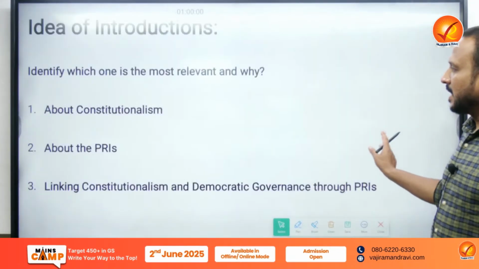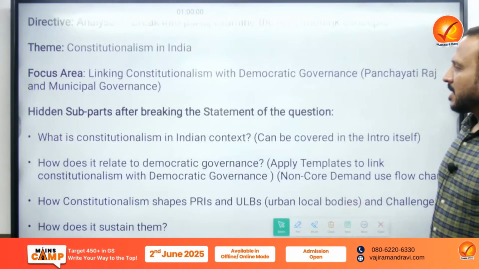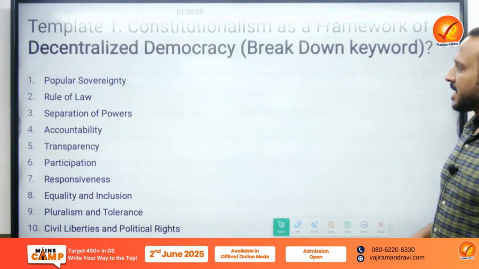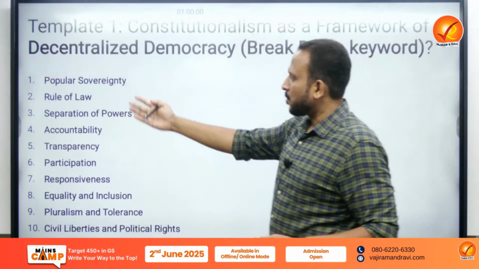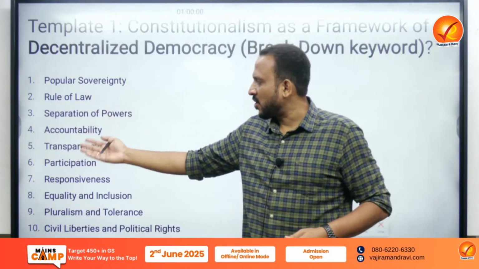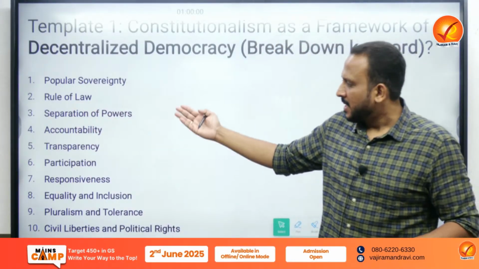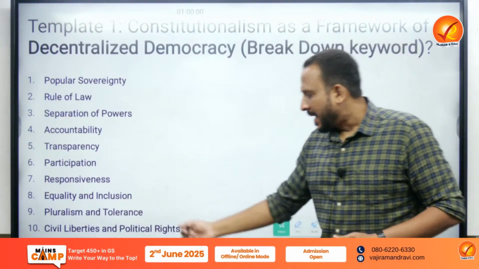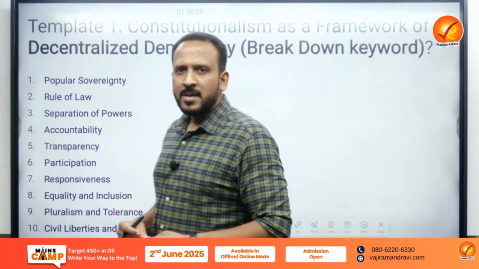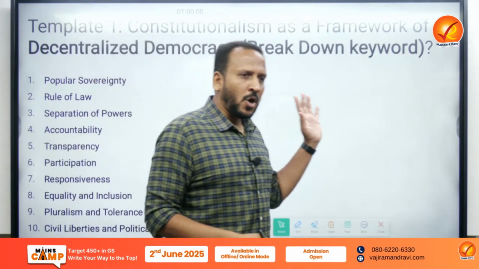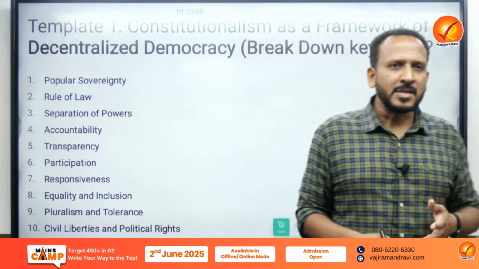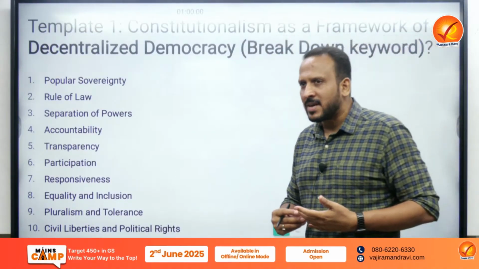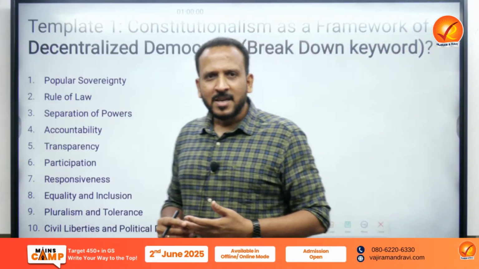For example, like this. These are the popular sovereignty, rule of law, separation of power, accountability, transparency, participation, responsiveness, equality and inclusion, pluralism, and civil liberties and political rights. Can we say these are all democratic governance? These are the components of democratic governance, right?